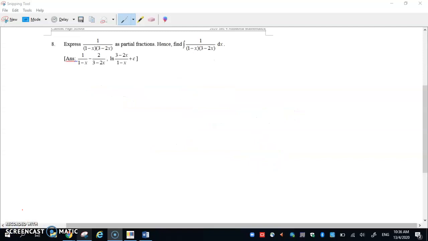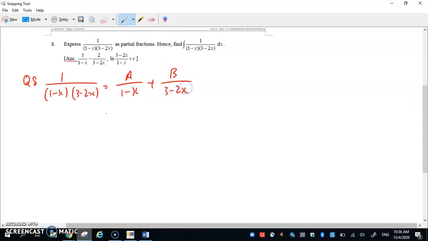So for the next page, page 24, you look at question number 8. I require you to integrate this entire expression here. The first part is to simply express this as partial fractions. So in this form, 1 over (1 minus x)(3 minus 2x) equals a over 1 minus x plus b over 3 minus 2x. So what you will get is simply a(3 minus 2x) plus b(1 minus x) over (1 minus x)(3 minus 2x).